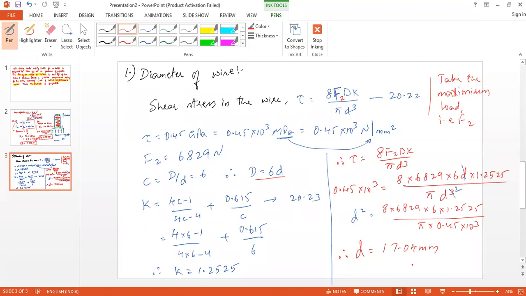Okay. So now we need to look into the standard table. Wire diameter, standard coil diameter.